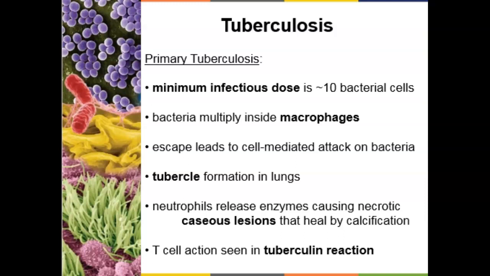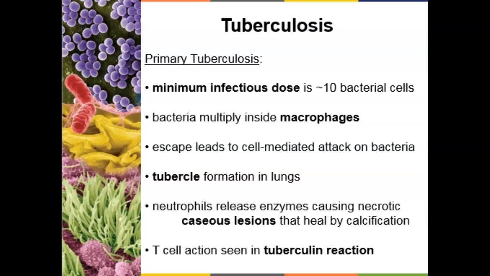But unfortunately, that does cause damage and impedes the function of the lung tissue. The tubercles are what you see on a chest x-ray. And in that process of making the tubercles, there's a lot of neutrophil activity. And part of that is due to the activation of the T cells.